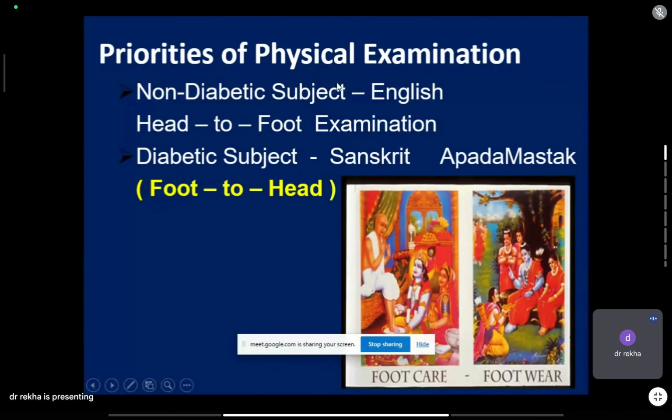In a general scenario, we check from head to foot. But in a diabetic patient, we have to check from the feet to head, and that is known as padamastaka in Sanskrit.